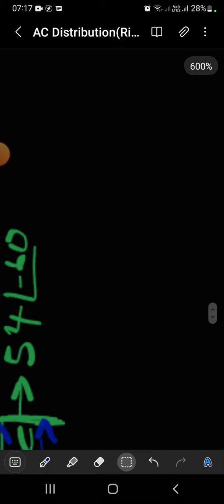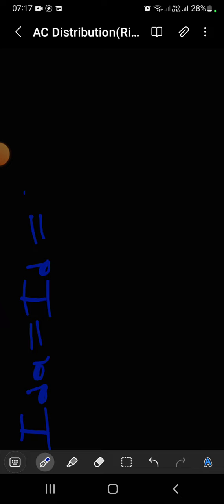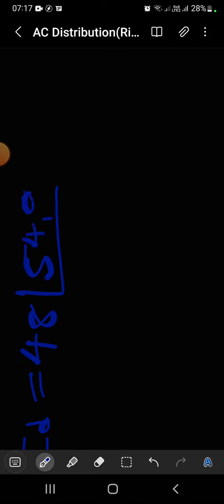Now we're going to take advantage of our series currents, meaning our ID. Let me start with the unknown. Our IDA is equal to ID, that is 48 at an angle of 54.97.